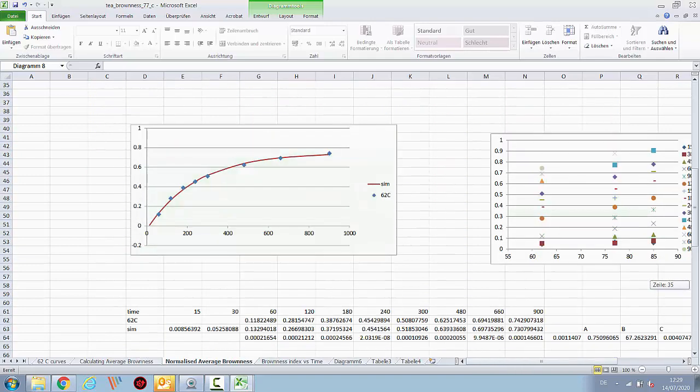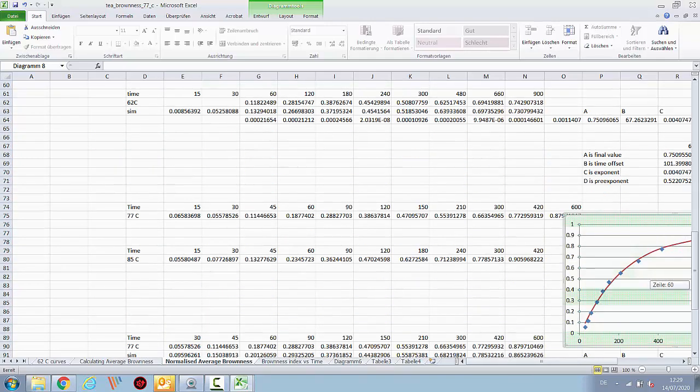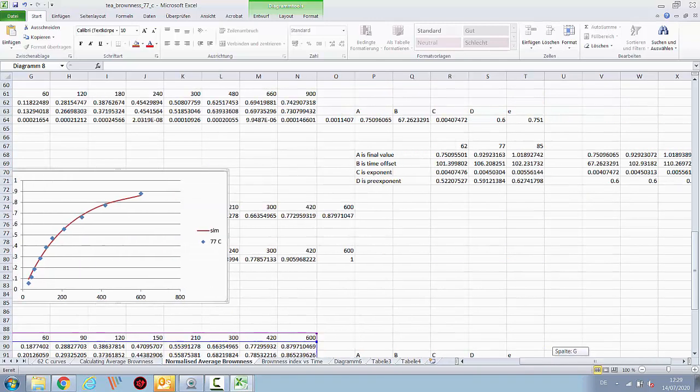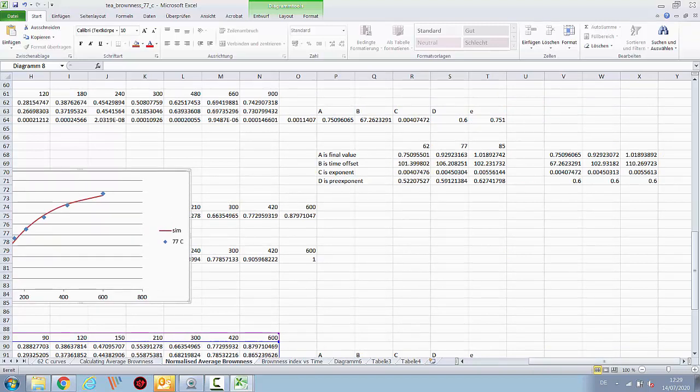So now I've fit it to that, and then I stopped allowing them to change. So on the second fit, I didn't allow the pre-exponent d, which is the thing multiplied by it, to change.